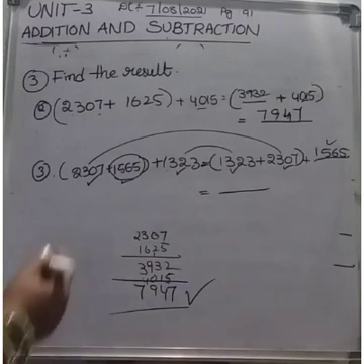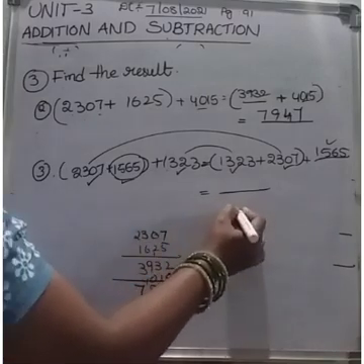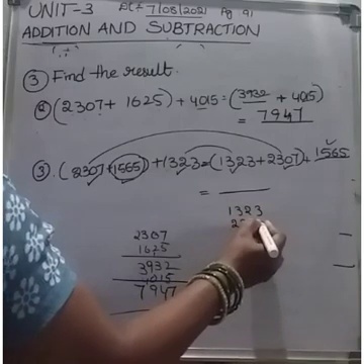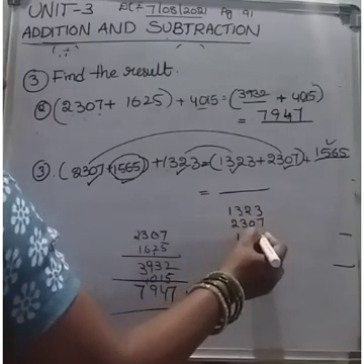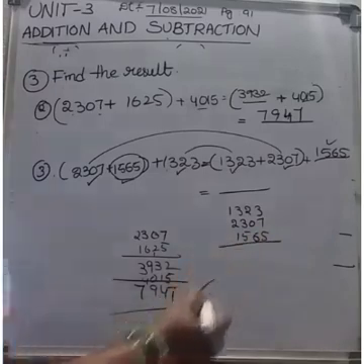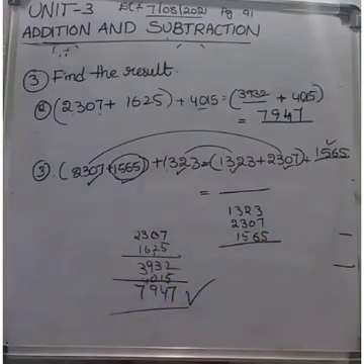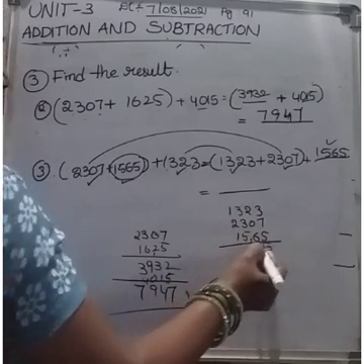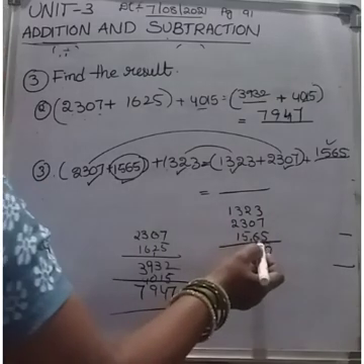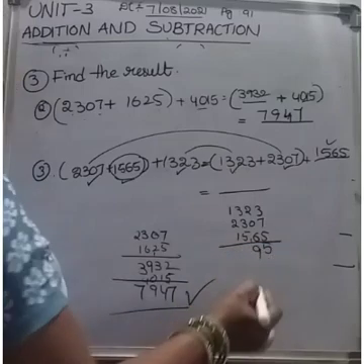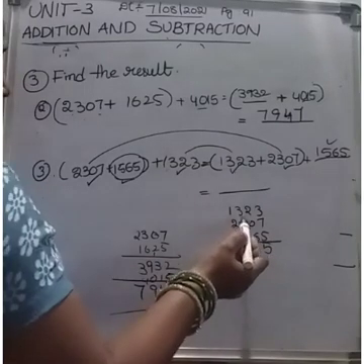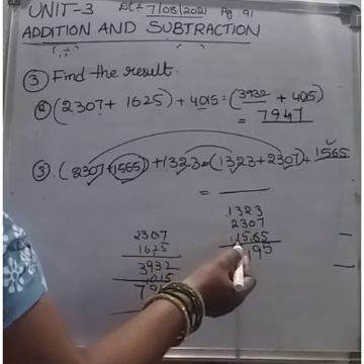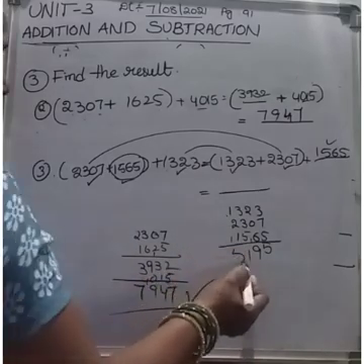So now add all these: 1323, 2307, and 1565. All these numbers have 4 digits. Now add this. 7 plus 3 is 10, 10 plus 5 is 15. 6 plus 1 is 7, 7 plus 2 is 9. 3 plus 3 is 6, 6 plus 5 is 11. 2 plus 1 is 3, 3 plus 1 is 4, 4 plus 1 is 5.